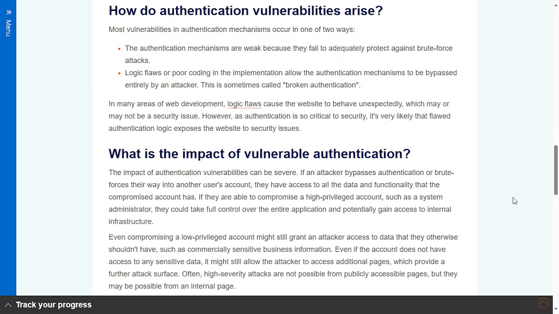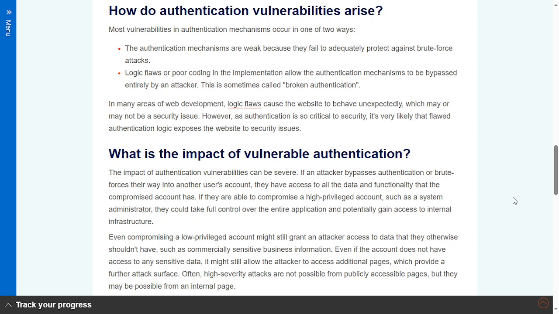How do authentication vulnerabilities arise? Most vulnerabilities in authentication mechanisms occur in one of two ways. The authentication mechanisms are weak because they fail to adequately protect against brute force attacks, and logic flaws or poor coding in the implementation allow the authentication mechanisms to be bypassed entirely by the attacker.